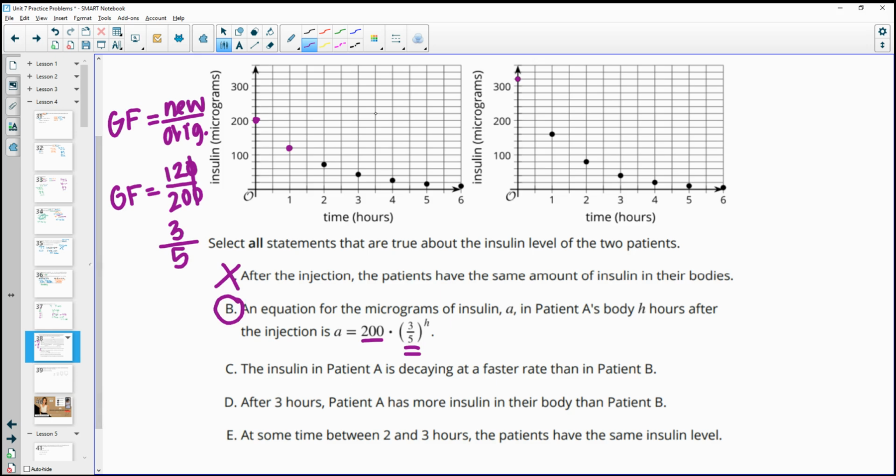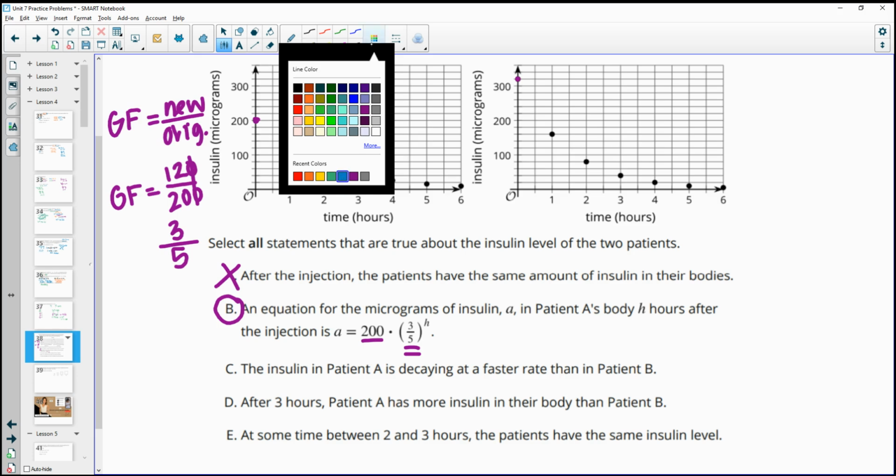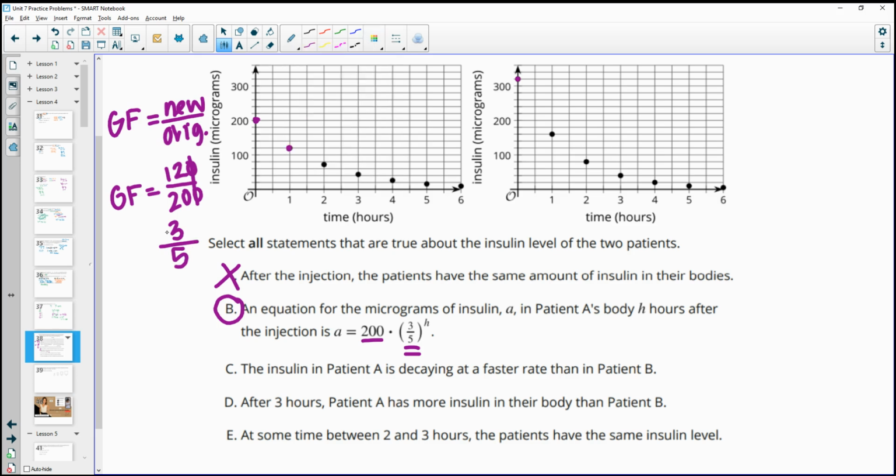C, the insulin in patient A is decaying faster than that in patient B. So we know here that the growth factor is 3/5, which is equal to 0.6. That means that this is decreasing. So this is 60%, decreasing by 40% per hour, or retaining 60% of the insulin.